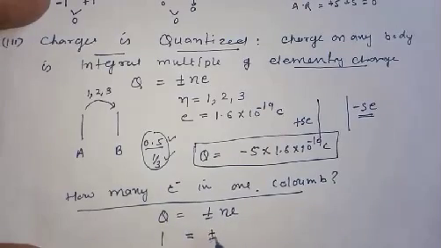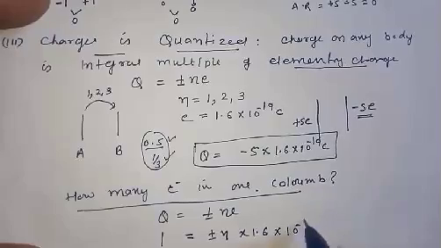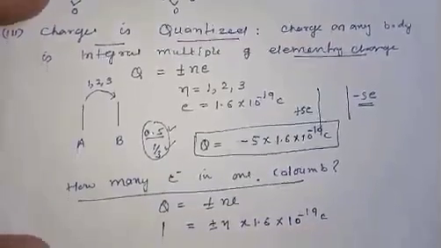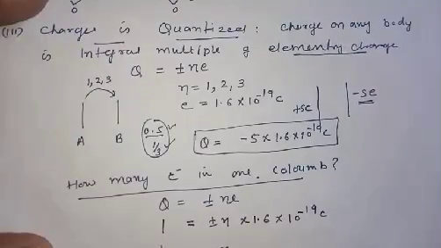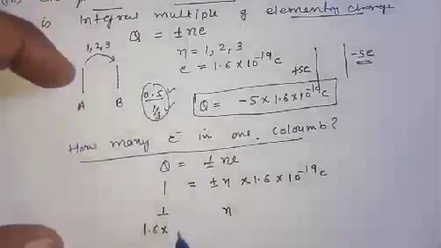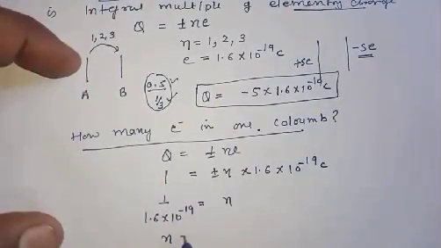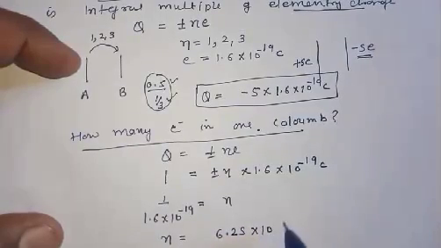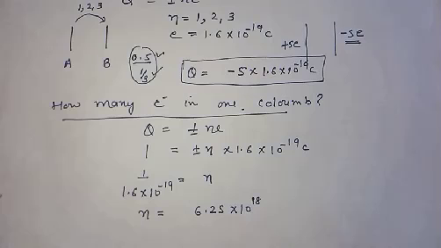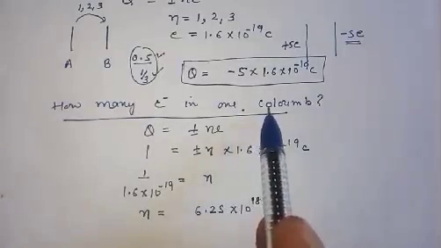So plus minus N into e, where e is 1.6 times 10 raised to minus 19 coulomb. So N is 1 upon 1.6 times 10 raised to power minus 19. Here you can find the number of electrons, 6.25 times 10 raised to power 18. In this way you can find out how many electrons make 1 coulomb charge.